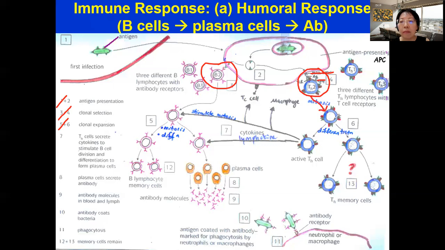After that, they will differentiate into 2 types of cells. This is called clonal expansion. Number 1 is the active T helper cell, and number 2 is the memory cells. The memory cells remember that the antigen already entered the body. So we have active T helper cells and T helper memory cells.